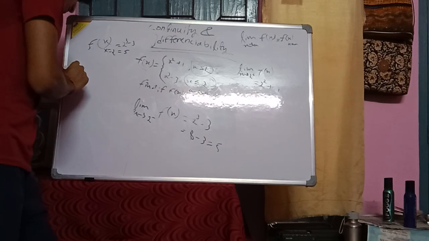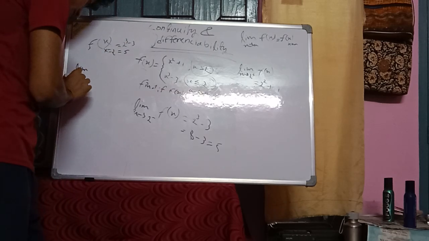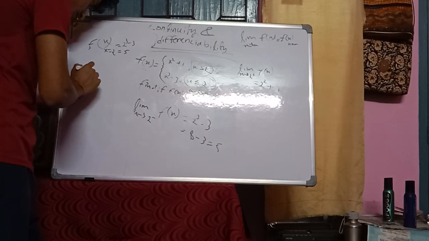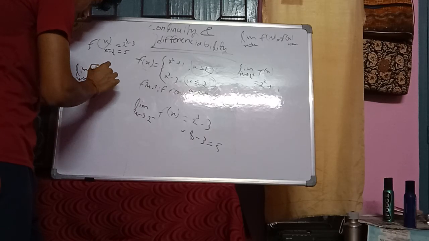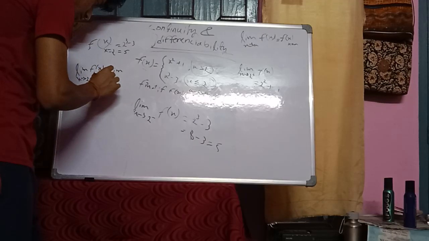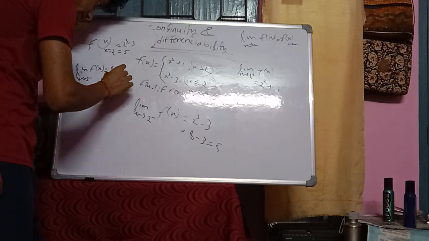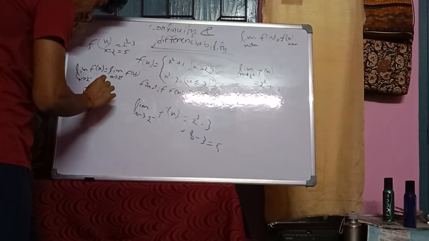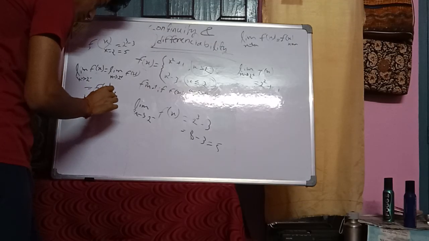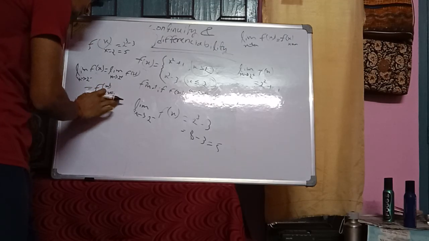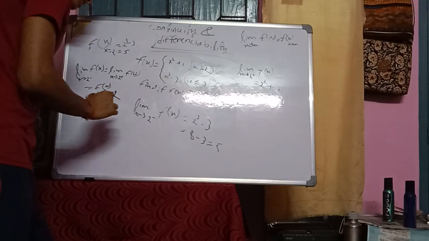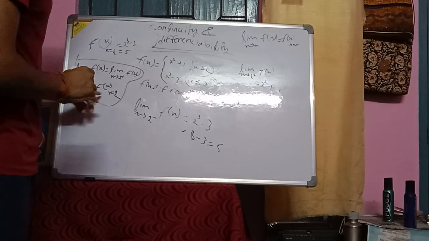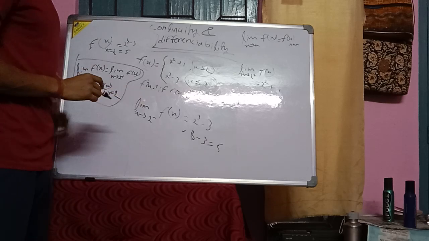So the limit of x tends to 2 minus of f of x equals the limit of x tends to 2 plus of f of x, which is the same as f at x equals 2. This means this function is continuous at point 2.